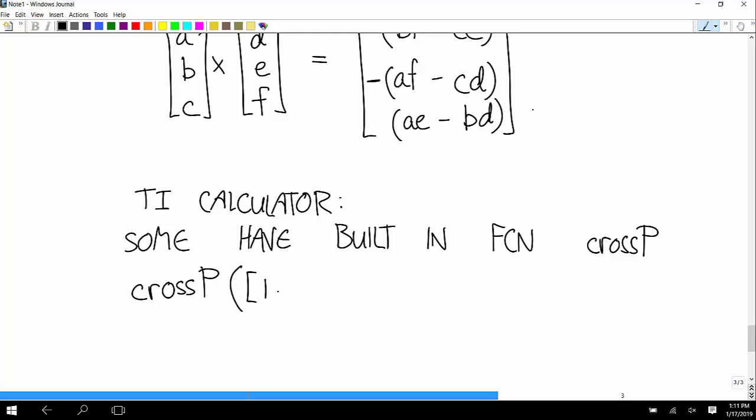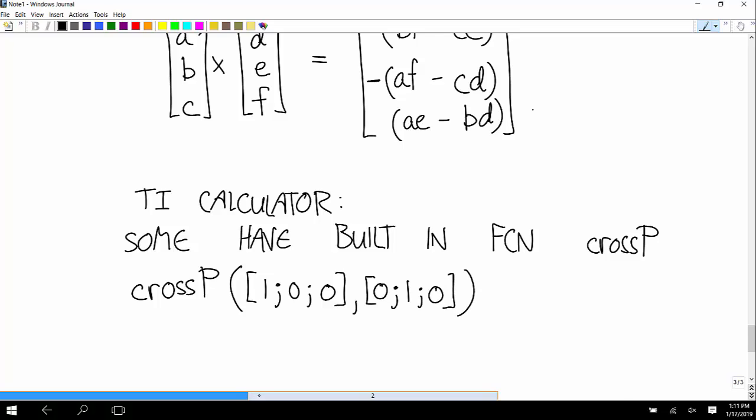I'm going to do 1 0 0, and then comma to separate the two vectors, and then the second vector I'll do 0 1 0.